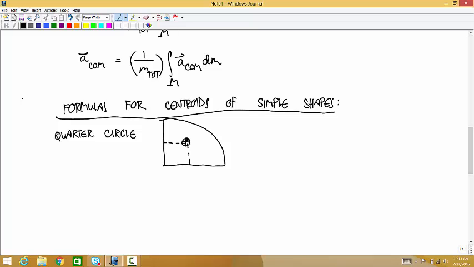So there's the centroid location, and I'll call this X bar and this Y bar. These two are both the same, and they're equal to 4 times the radius of the circle over 3 pi. And the area of that shape is equal to pi r squared over 4.